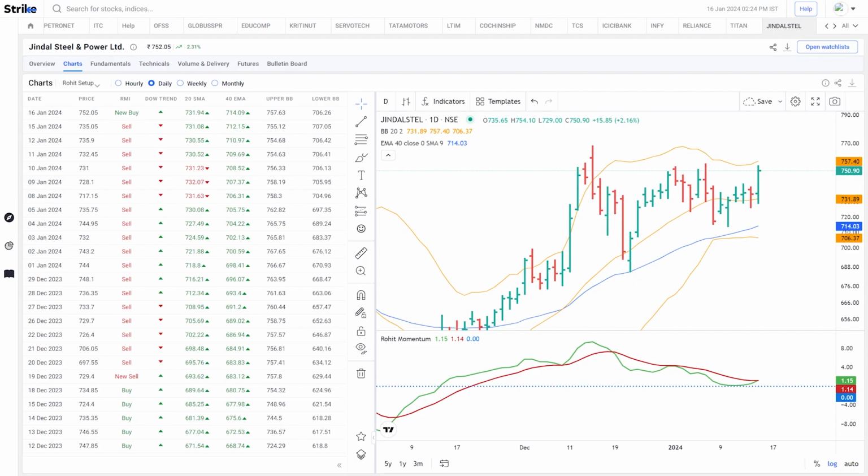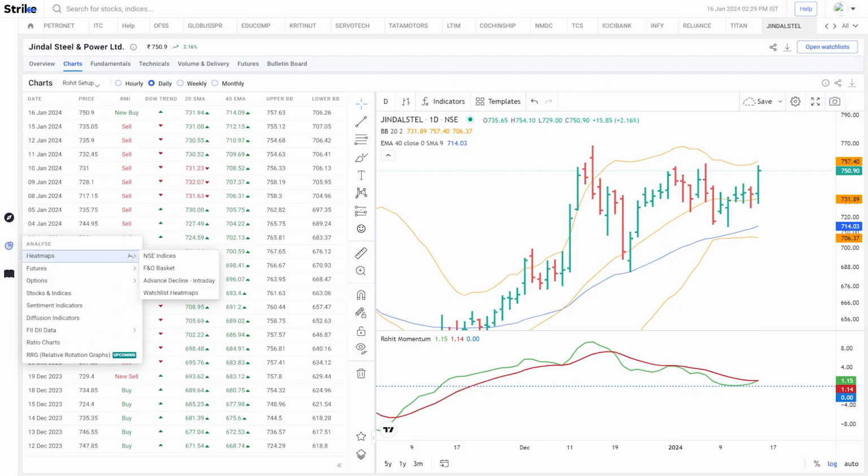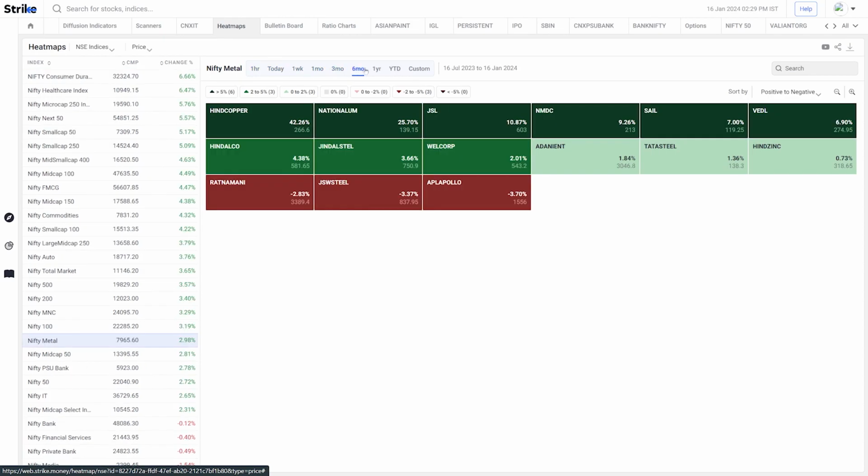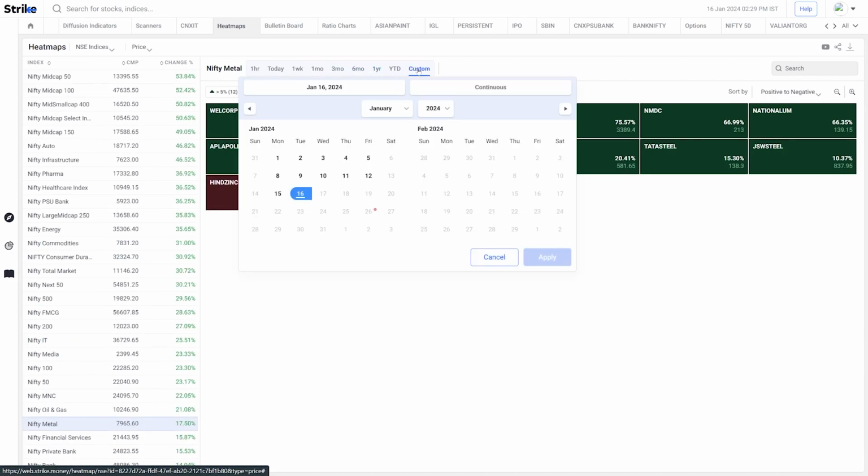Now, in conclusion, multi-time frame analysis is a powerful tool that can significantly enhance your trading decisions. You can also use various other tools like heat maps to analyze the strength. So if I go to the heat maps in Strike, if I'm scanning for strong stocks, I can look at performance not just for today, but against 1 week, 1 month, 3 months, 6 months, or 1 year, and even as a custom date.